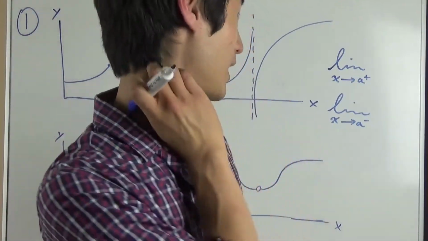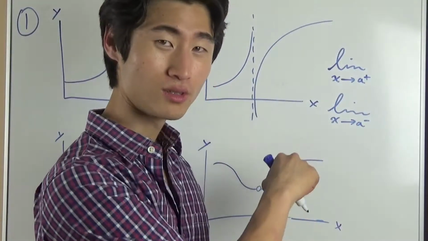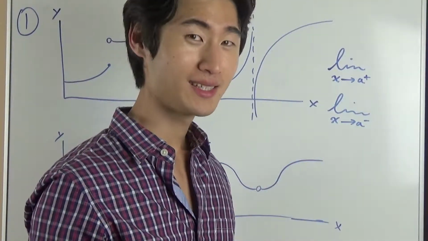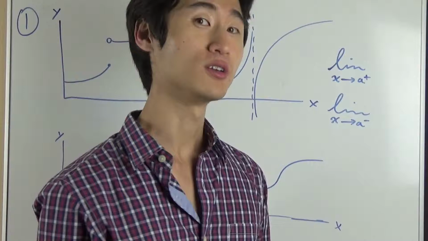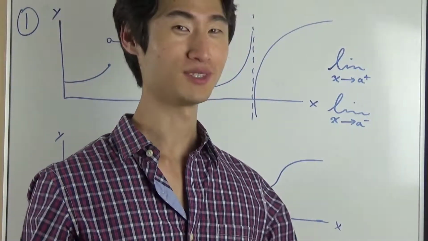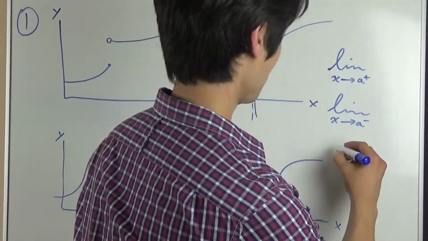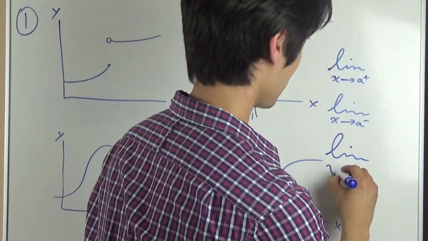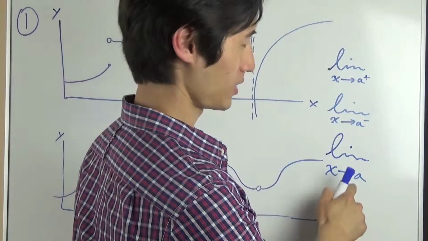So as long as these two values are equal, the limit simply exists. If they are not equal, the limit simply does not exist. It's that simple.